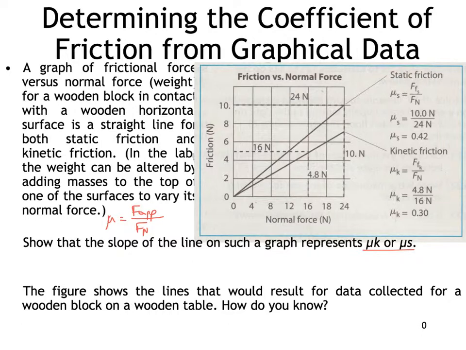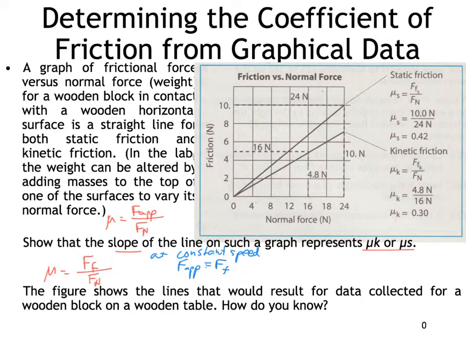Now, when we do slopes, we're really doing rise over run. The rise in this case is the frictional force, and the run in this case is the normal force. Now, normally I say that mu is Ff over Fn, but we're going to use this equation instead, which is that mu is F app over Fn. The reason why this works out is because if this object is moving at constant speed, then F app will be equal to Ff, frictional force.